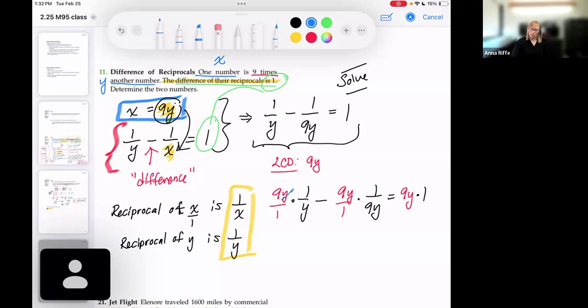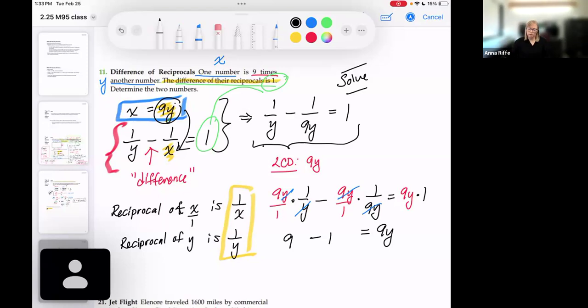And now I can note that these y's will cancel, but the 9 remains. Both the 9 and the y will cancel in that latter expression. And then 9y times 1 is 9y.